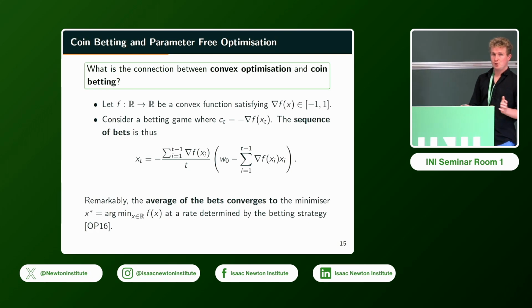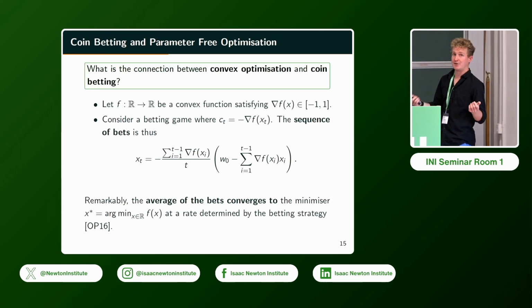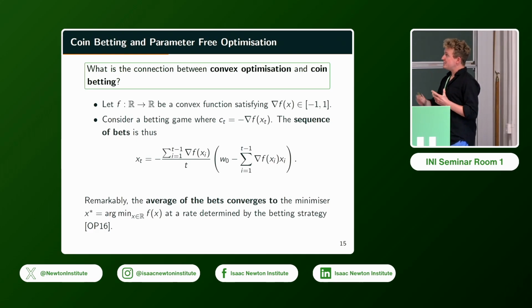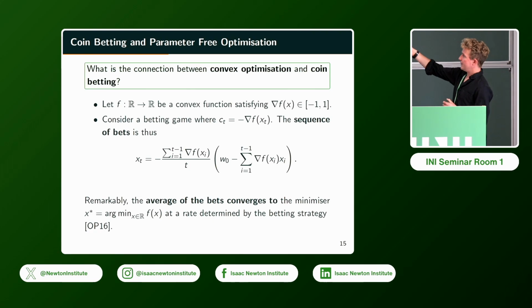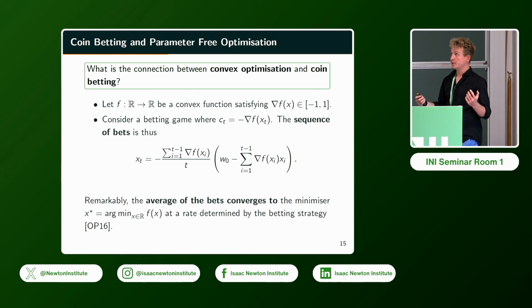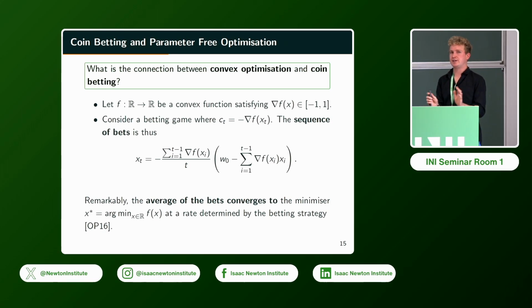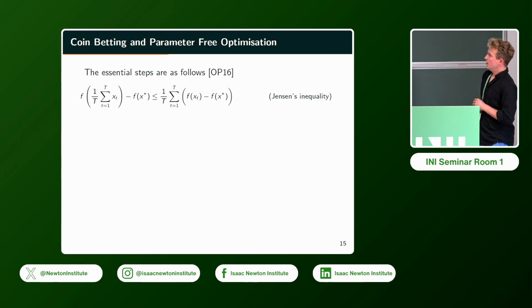Now this is kind of remarkable, and I'm not sure I can give you much intuition for this. This is really something that comes out of the theory. But it is quite a remarkable result because we now have an algorithm which essentially has no dependence on a step size parameter. We have this W0, which is the initial wealth, but it's not very sensitive at all to the choice of that W0.